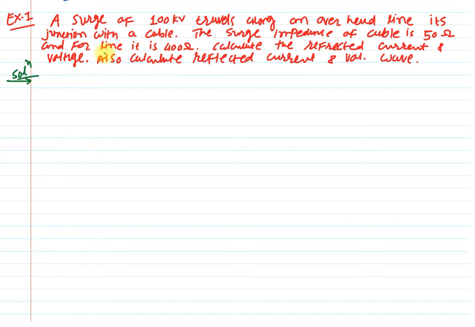A surge of 100 kV travels along an overhead transmission line. It is given that it is a junction with a cable. So let us understand graphically. Consider one transmission line having a surge impedance of ZC, and it is a junction with a cable.